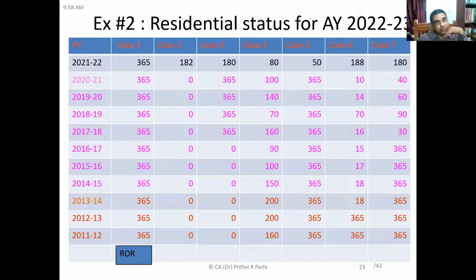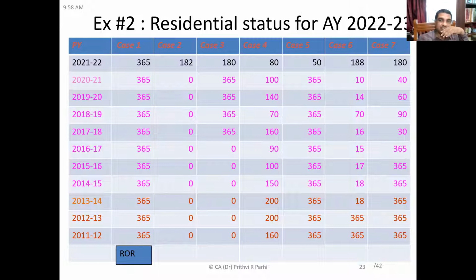Now case number 2. So he's resident. Yes, sir. You see, the primary condition here is that resident is fine, but you have to see ultimately whether he is an ordinary resident or not an ordinary resident.